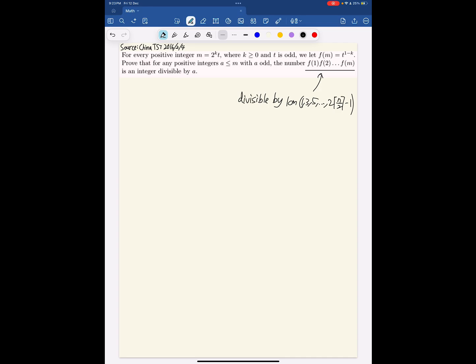For each prime p, take the maximal, I won't use k, because k is in the problem, I'll use s, such that p to the s is smaller than or equal to m. So we just need to show that p to the s divides this weird product over here.